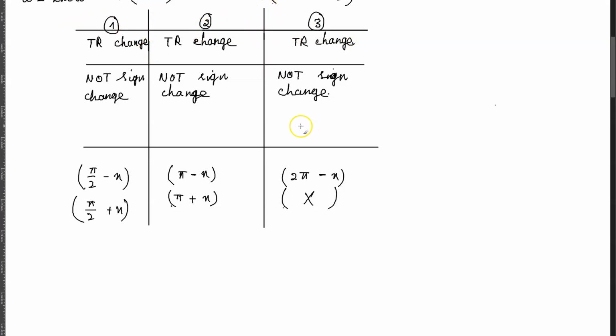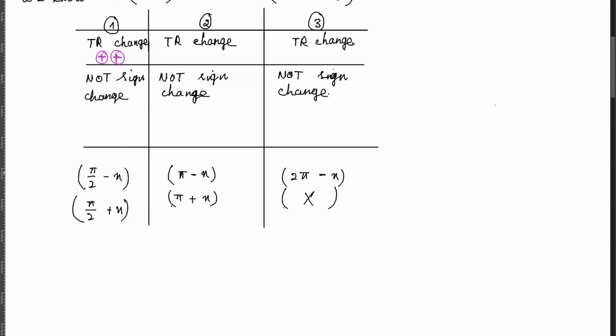Now, what happens is that basically you know that whenever you have pi by 2, the trigonometric ratio changes in the case of pi by 2 minus x, and also in the case of pi by 2 plus x. So I have two positive signs over here, meaning that in this case the trigonometric ratio changes, and also in this case the trigonometric ratio changes.